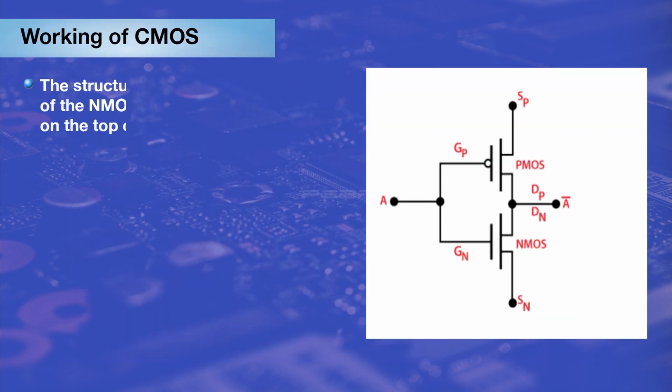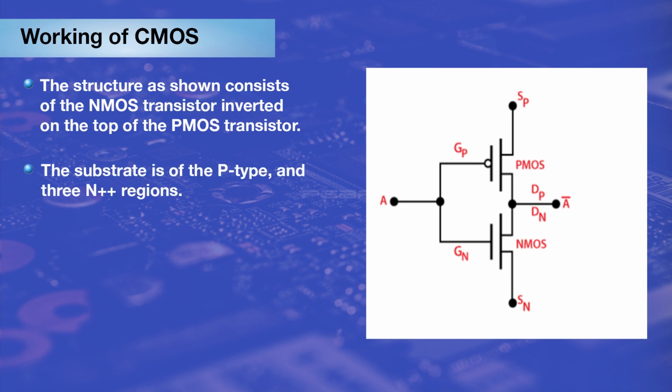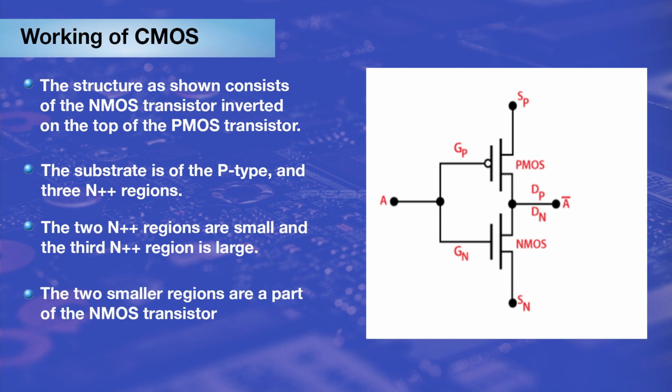Working of CMOS: the structure shown consists of the NMOS transistor built on top of the PMOS transistor, with a P type substrate and N double plus regions. The two N double plus regions are small and the third N double plus region is large. The two smaller regions are part of the NMOS transistor. The figure shows the CMOS working.